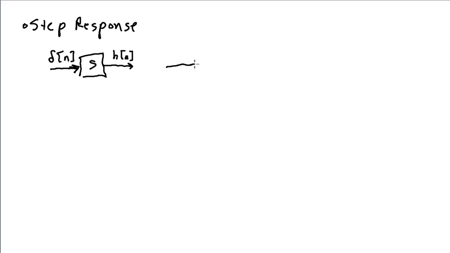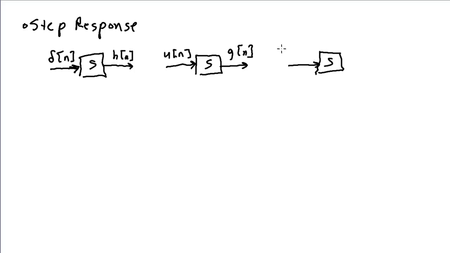The unit step response is denoted by g of n. This is the output when the input is u of n. And then, of course, in the most general case, with an input x of n and output y of n.